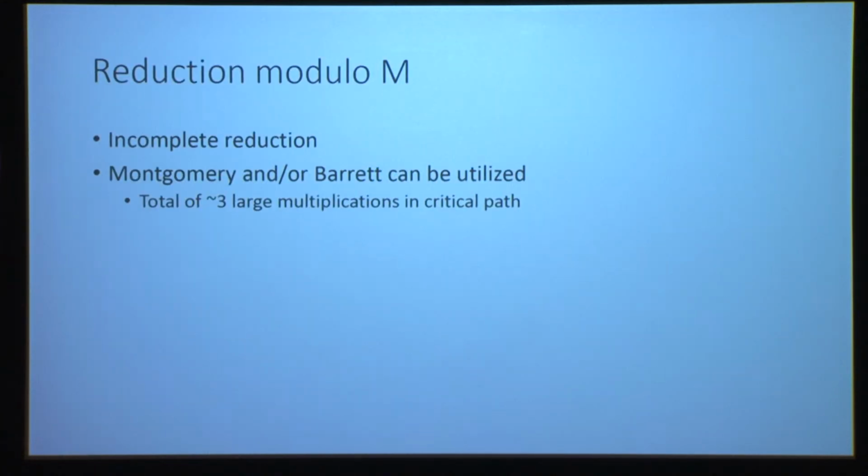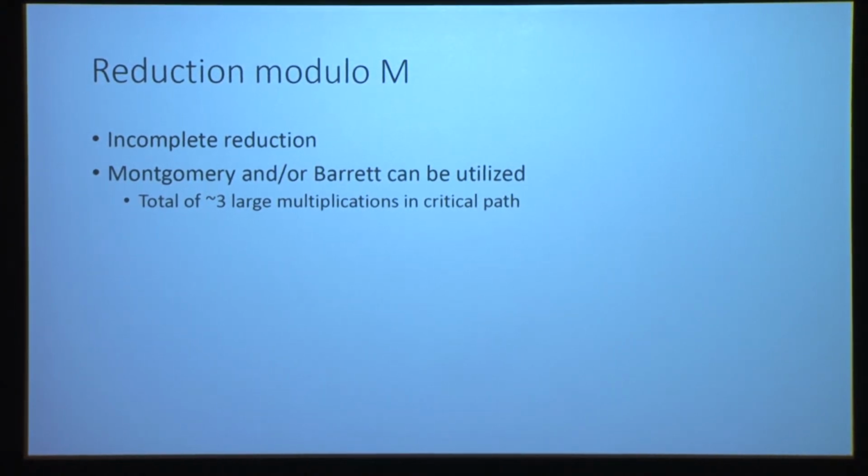Now, reduction. I need to do reduction modulo m. Because this is an algorithm that's designed for a repeated multiplication setting, exponentiation, I can do incomplete reduction. I don't need to reduce it all the way. I don't need to get rid of the redundant representation to the integer representation. I can just stay in the redundant representation.